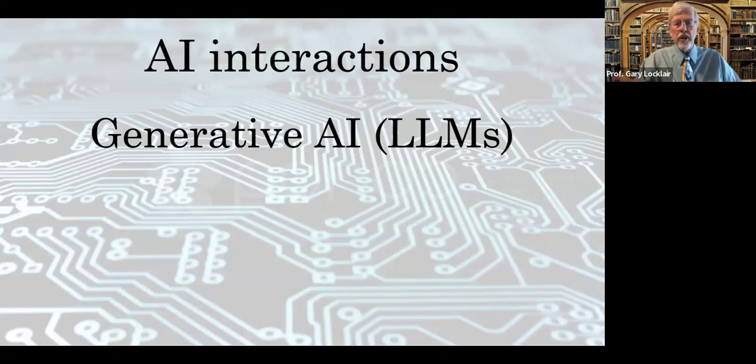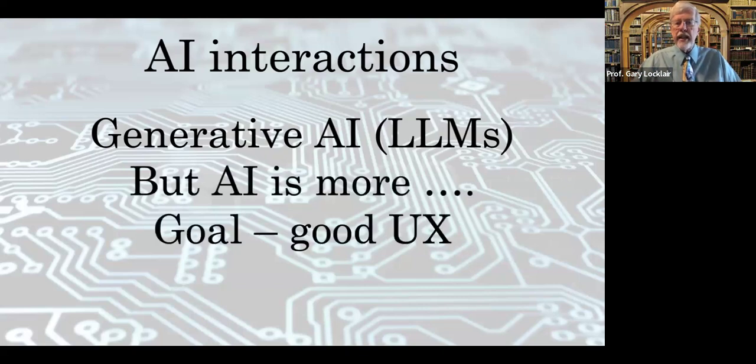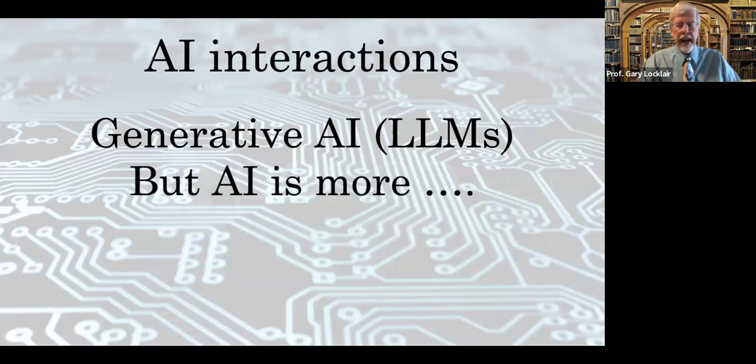But remember that large language models, things such as OpenAI's ChatGPT, Google's Gemini, Anthropic's Claude, Meta's Llama, xAI, that's Elon Musk's organization, Grok, and DeepSeek, a Chinese company, DeepSeek's R1, and many others are not the entire universe of artificial intelligence. AI is more than just that.